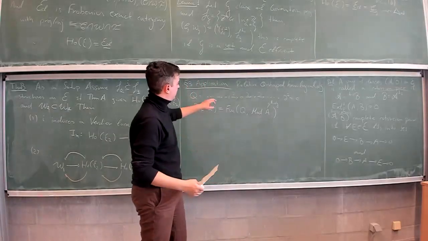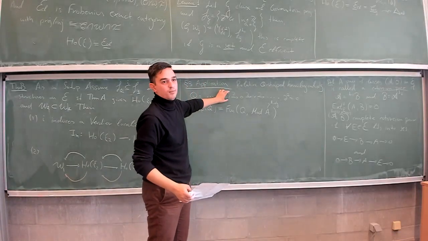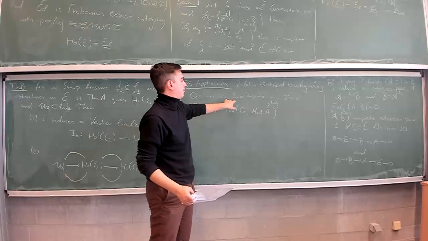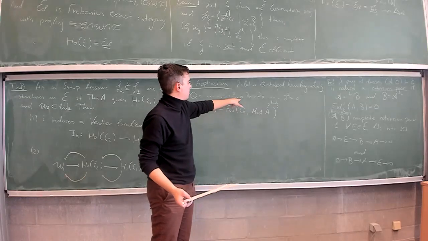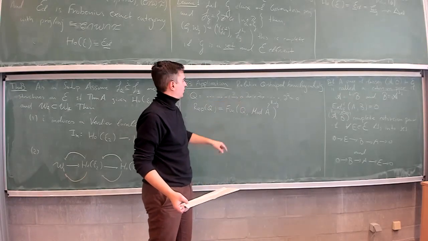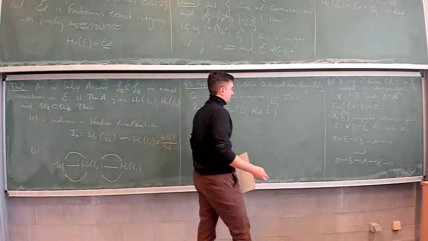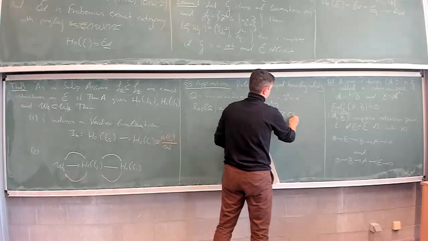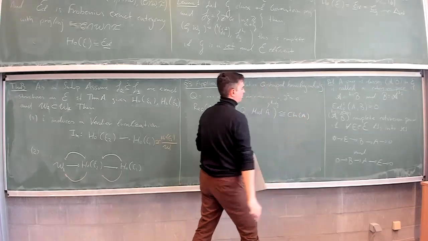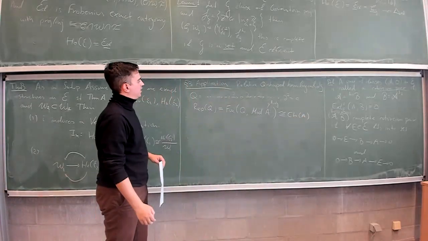Now, what does this mean? It means that in every vertex I put my favorite A module. In every arrow I put a linear map between two A modules, and I still ask the composition to go to 0. These are complexes of A modules.